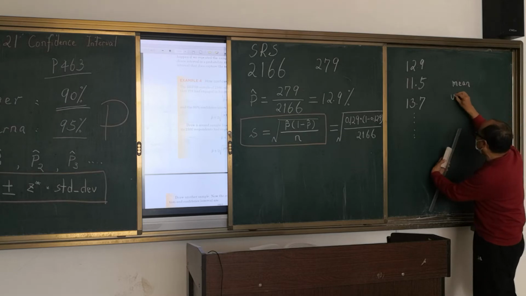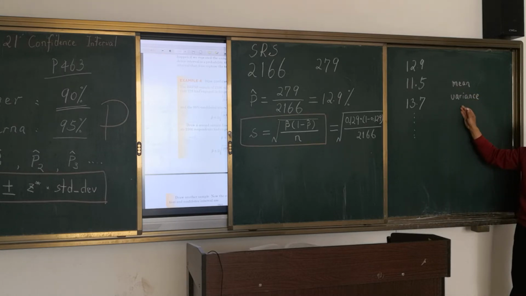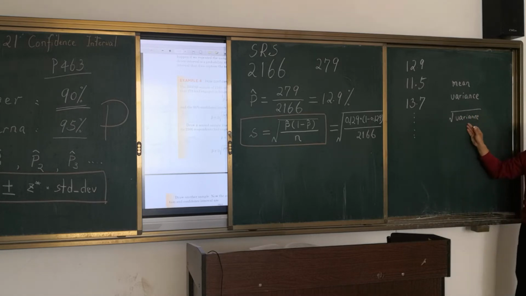Then we calculate the variance. How to calculate the variance? Then take the square root of the variance. This is the standard deviation.